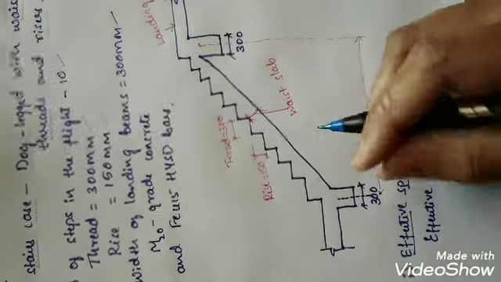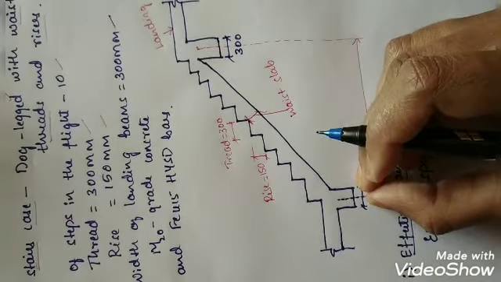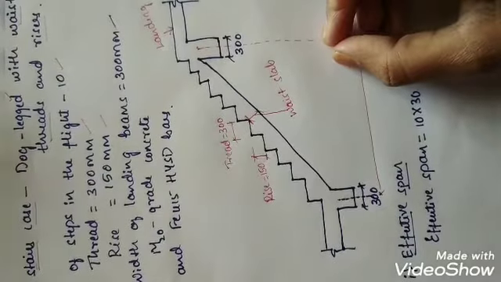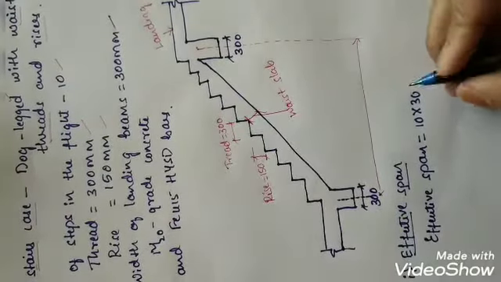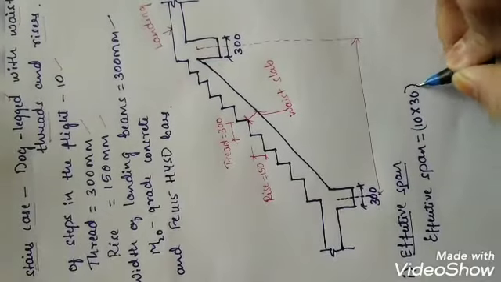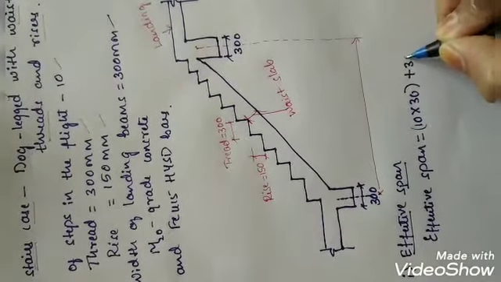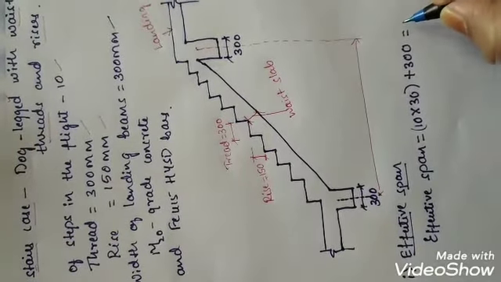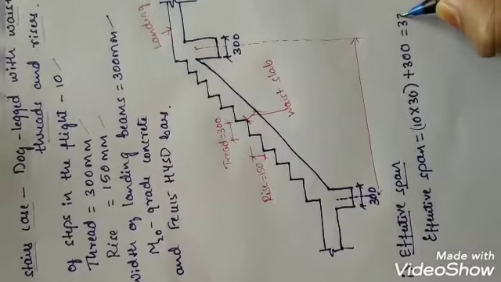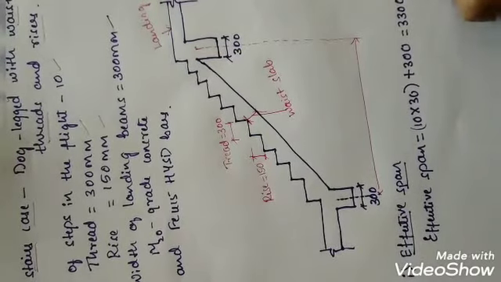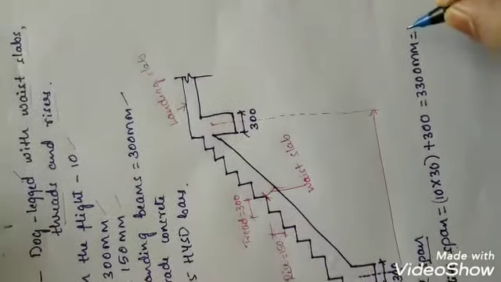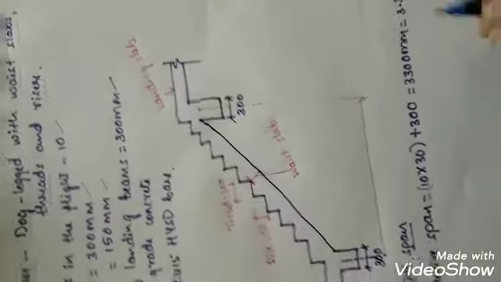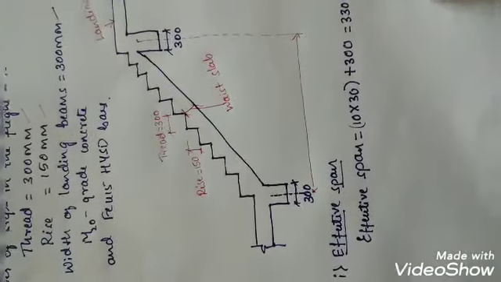After that we have half of the width of support on this side and half of the width of support on that side, which together add one width. So 10 into 300 plus 300, if we add this, we get 3300 mm. Converting that to meters, it is 3.3 meter. So this is the calculation of the effective span.